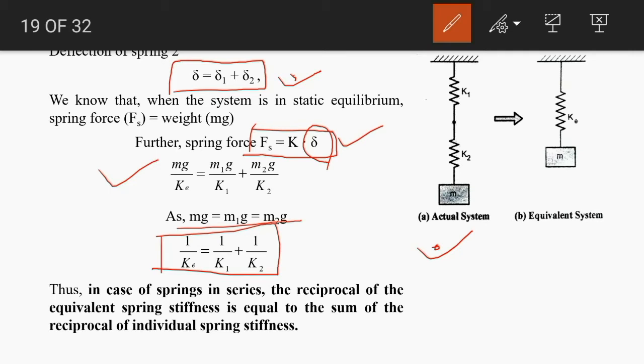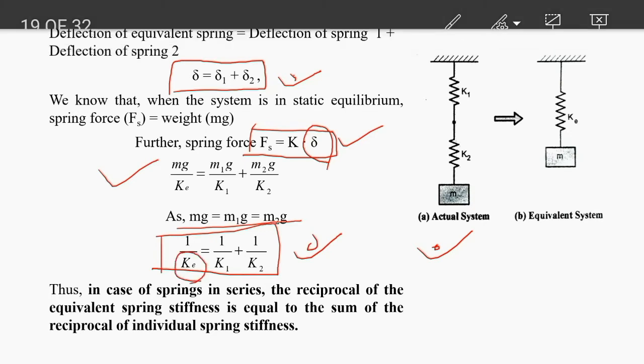So where springs are in series, the reciprocal of the equivalent spring stiffness is equal to the sum of the reciprocals of the individual spring stiffnesses. By using this relationship we can get the equivalent spring stiffness.